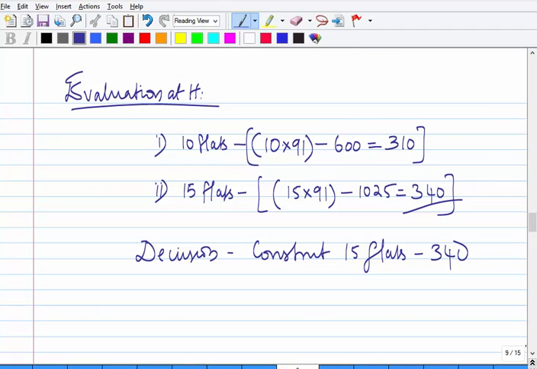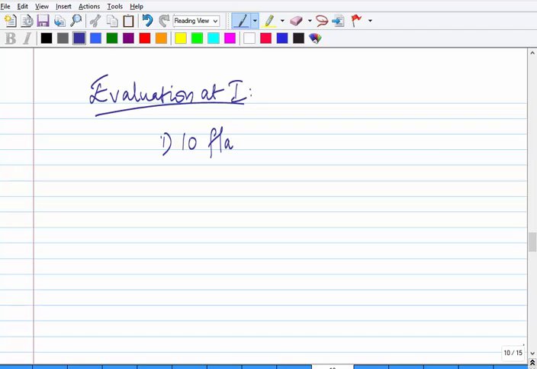We'll do evaluation at I, and again I is also a decision node. It means we have a choice. The choice is with respect to 10 flats and 15 flats when the market is not doing well. So one is with respect to 10 flats. So what is going to happen here? 10 flats, the market is not doing well, the price is going to be 75 and the initial investment is 600.